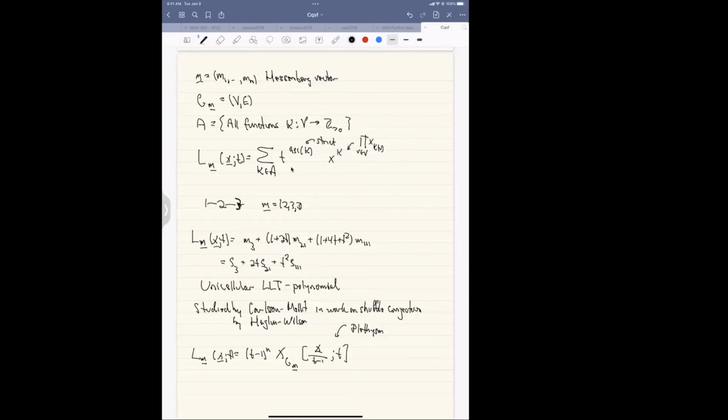Before you move on, in the quasi-symmetric case, the latter part, the coefficients are Eulerian. Is there anything known about the other coefficients?